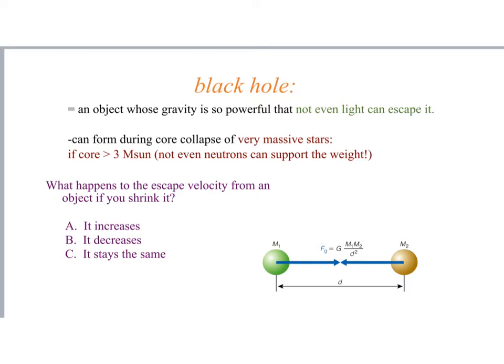So that stellar corpse collapses without end, crushing itself into oblivion, out of existence, and forming this exotic, bizarre thing where nothing, not even the fastest thing that exists out there, can escape from.